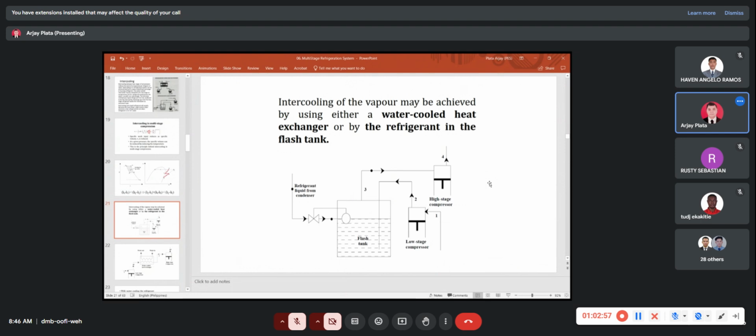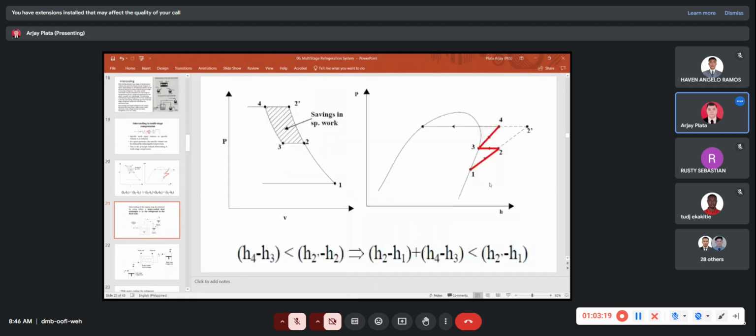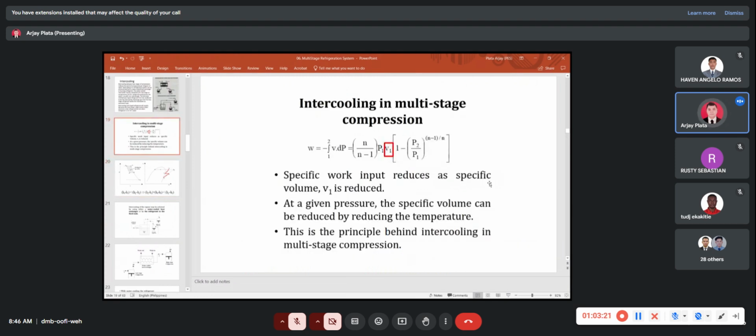Intercooling of the vapor may be achieved by using either a water-cooled heat exchanger or by refrigerant in the flash tank. Okay, so we have intercooling in multi-stage compressor.